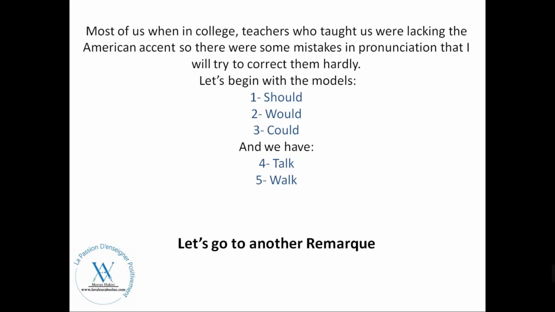Like the word talk here. So listen carefully, guys. Talk, tower, tongue, tall. If you can notice, after the T there is always an H sound, a ha. It is hidden, it is not spelled. What I mean by spelled is written. It is not written, but it is pronounced.